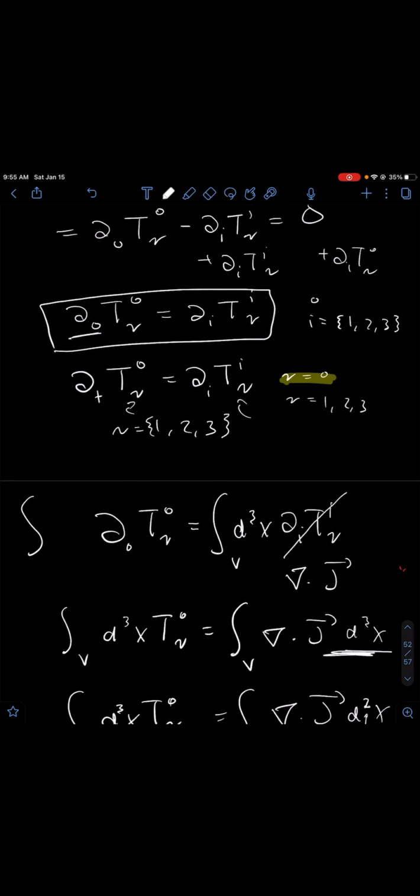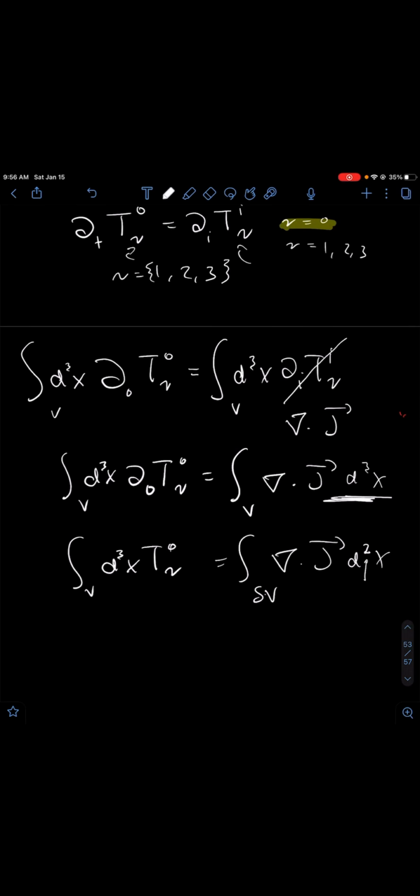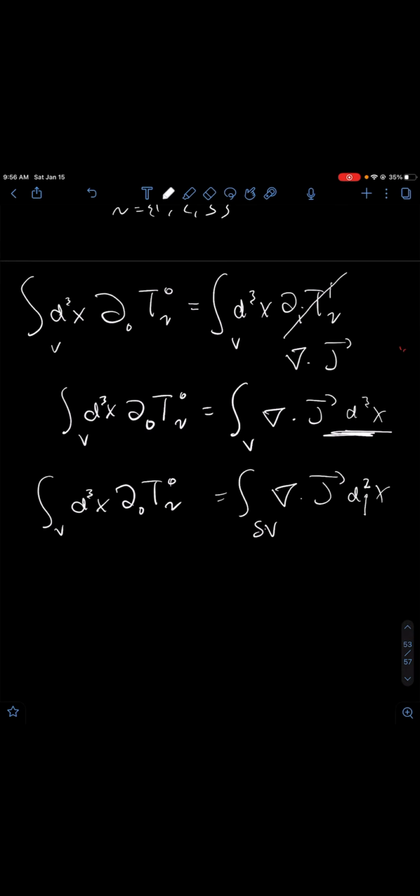Partial naught t naught nu, and we have that. Just forgot to include the partial naught term. So let's just include that right now. Partial naught, which is just the time component, really.